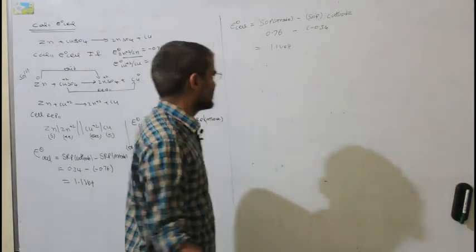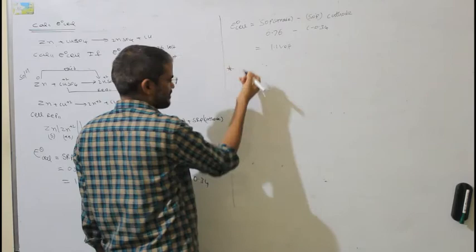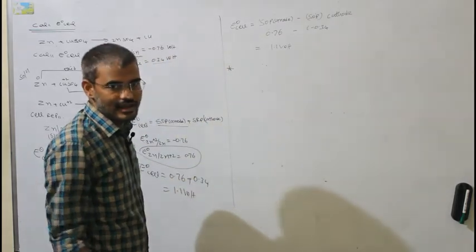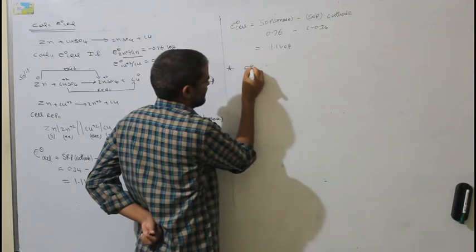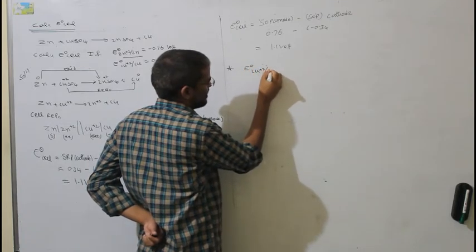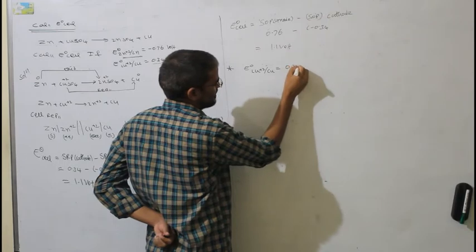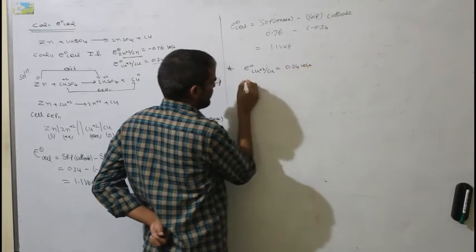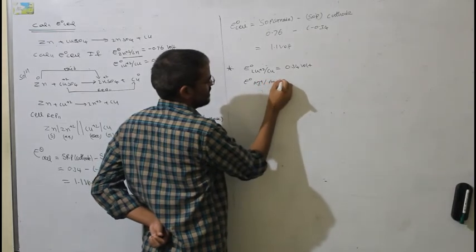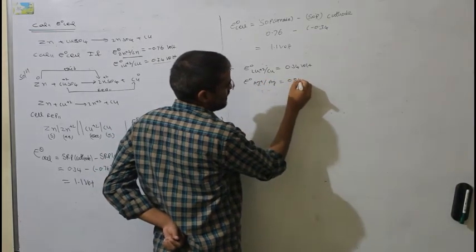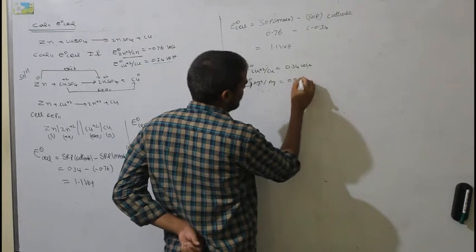Second method: rather than mentioning a cell representation, they directly give E naught of Cu2+/Cu equal to 0.34 volt, E naught of Ag+/Ag equal to 0.80 volt.